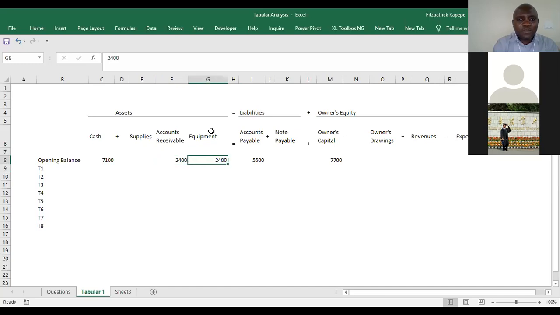Supplies was how much? Supplies was 700. Equipment, 5,500. Okay, these were the balances that we had.